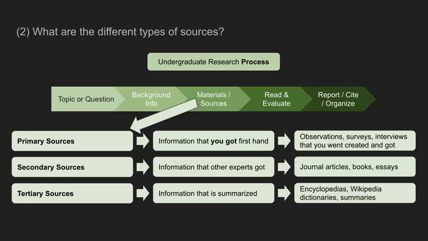A lot of times when you go on to, let's say, Gale, it'll summarize a lot of the information for you automatically, and AI will do this. And the problem is AI is like a tertiary source where it provides a lot of these summaries. So it's not necessarily reliable compared to secondary sources, which are published and edited and things like that.